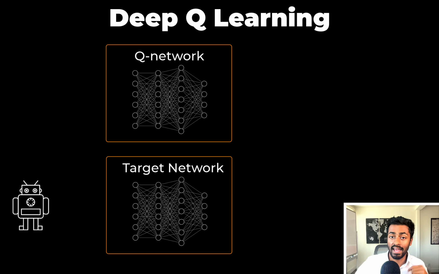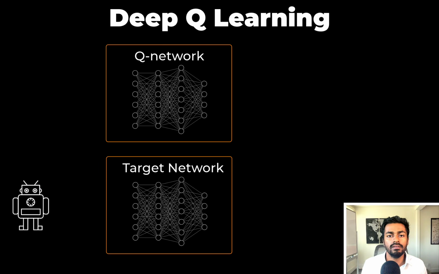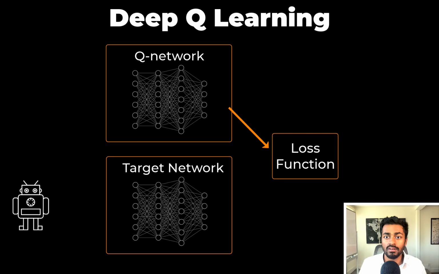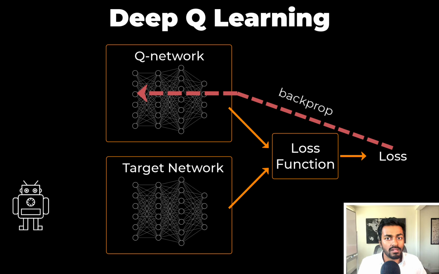We have a target network that represents the ideal conscience, and this is the same architecture as the Q network. The goal now is to compare Frank's current conscience with Frank's ideal conscience. And from this comparison, we get a loss, and use this loss to update the parameters in the Q network with backpropagation. And then the cycle repeats.